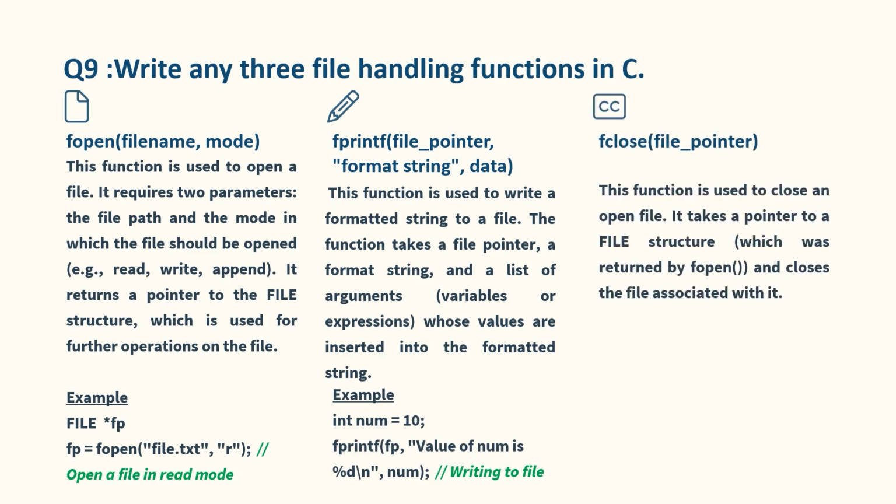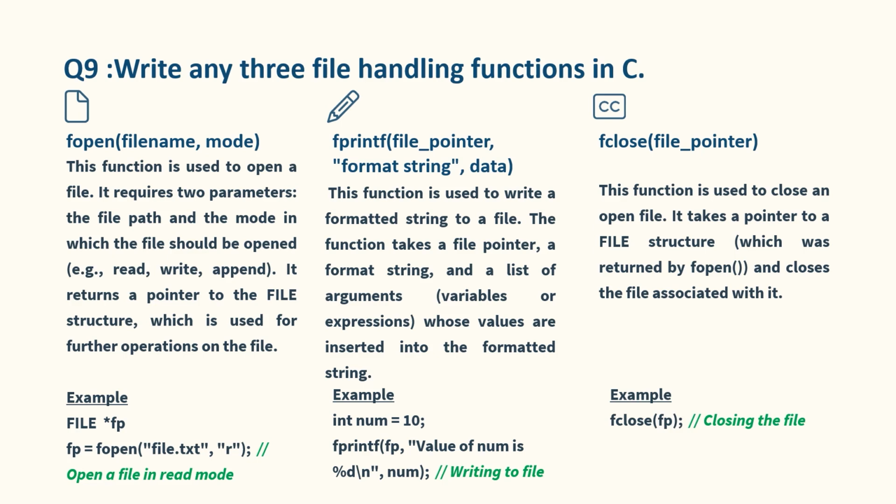This function is used to close an open file. It takes a pointer to a file structure, which was returned by fopen, and closes the file associated with it. In this example, the fclose function closes the file associated with the file pointer fp.